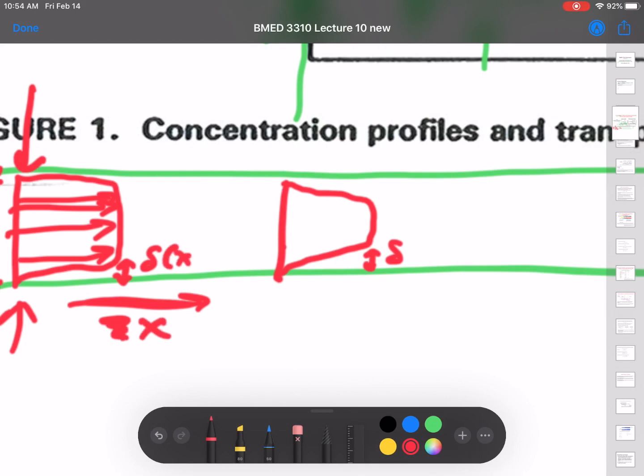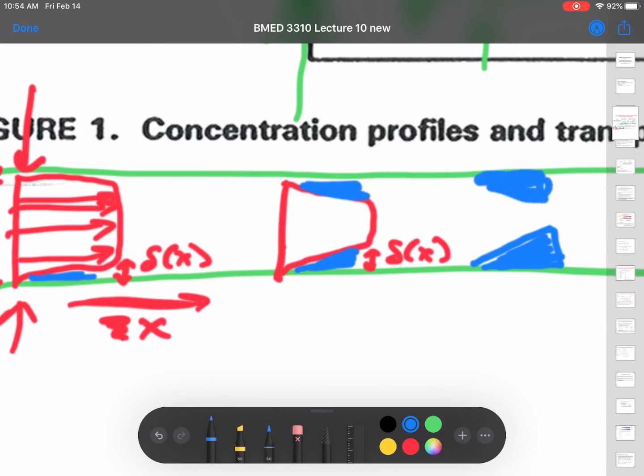So del is a function of x. It increases as you go further downstream. I'm going to make the boundary layer here in blue, so it's really tiny here, and then it just gets bigger, and then it gets bigger. And it goes on the other side, so it's symmetrical that way.